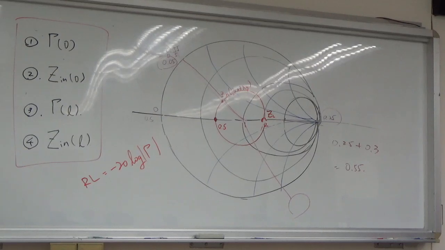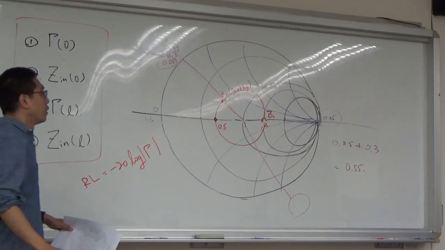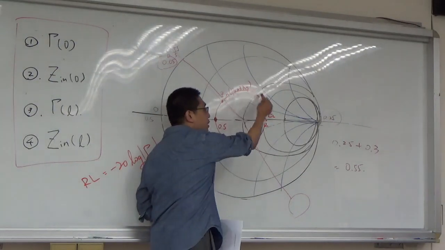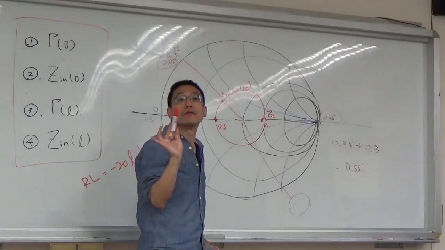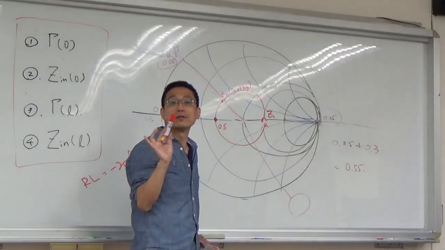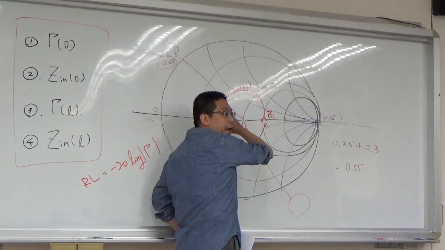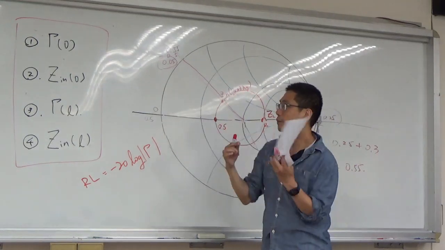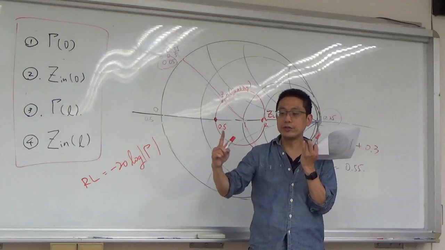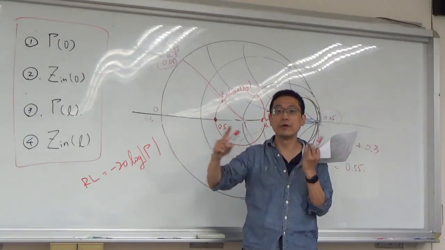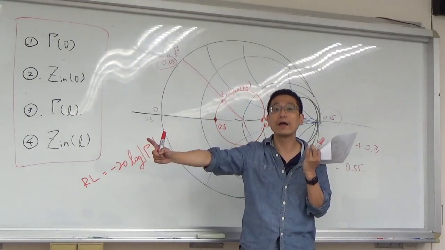Okay, go back to the easy part. First thing is, one circle means half wavelength. We don't have a question, right? So the circle means you are changing the position of your transmission line, okay?